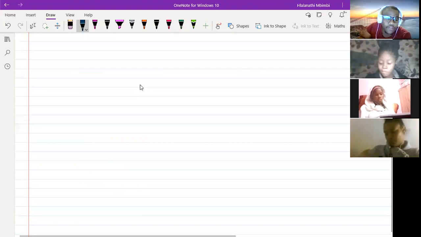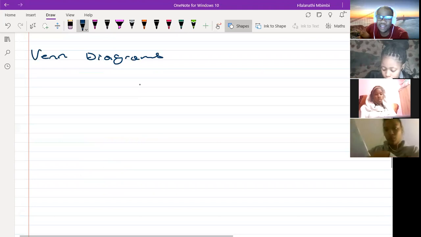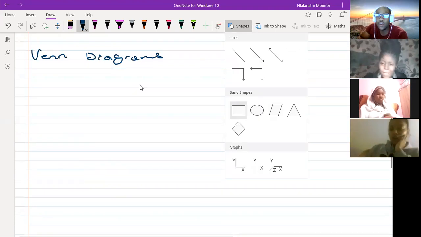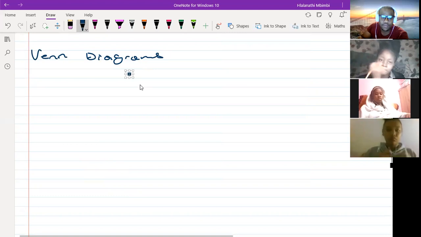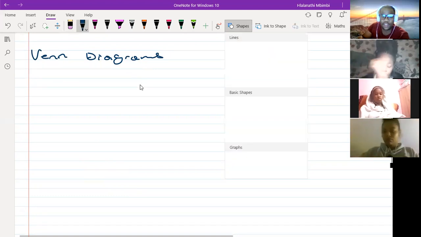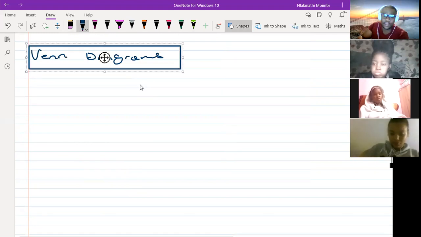I'll now do Venn diagrams. With these, this is just a way of representing probabilities and sets and things like that.